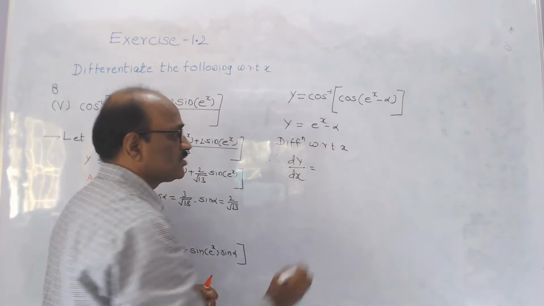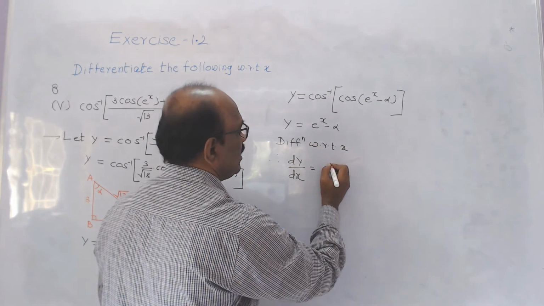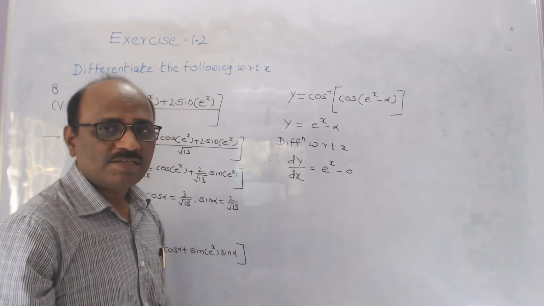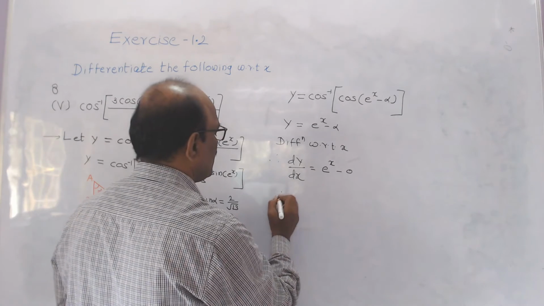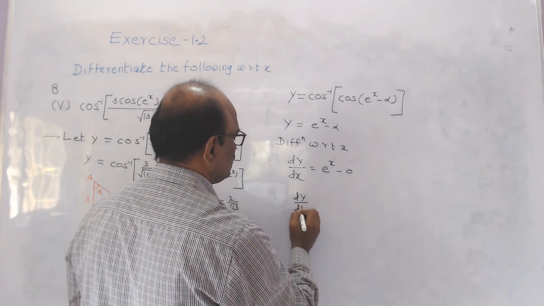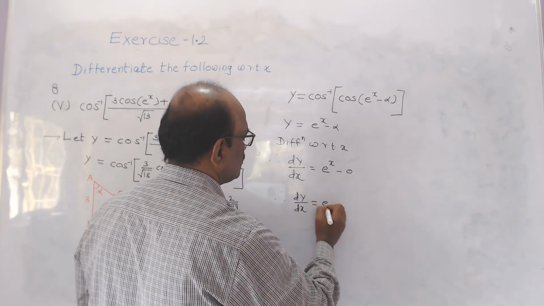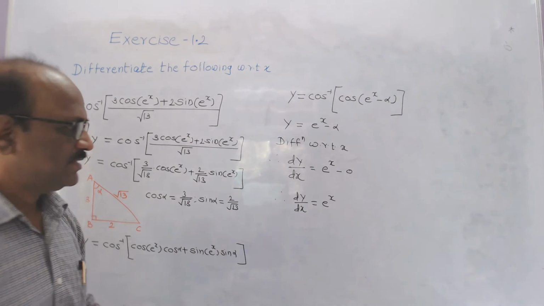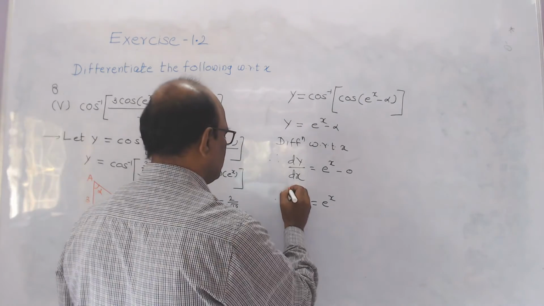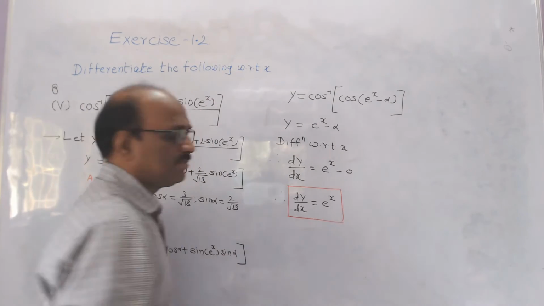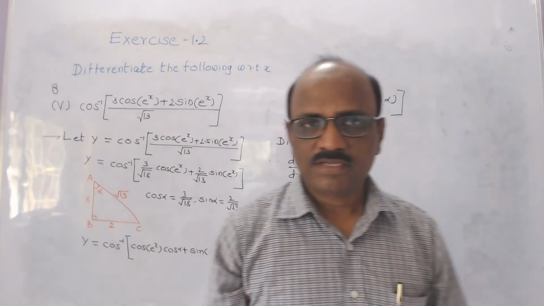The derivative of e raised to x is e raised to x. And what about the alpha? Alpha is constant, its derivative is 0, and therefore dy by dx is equals to e raised to x, and hence the answer. Therefore dy by dx is equals to e raised to x.